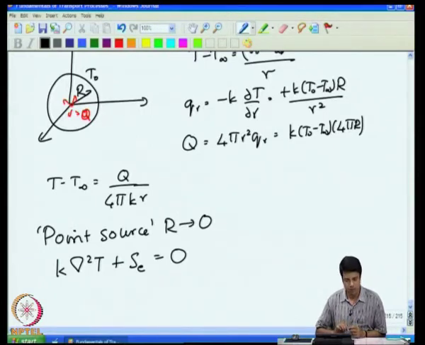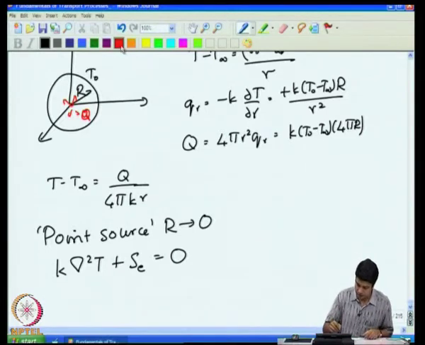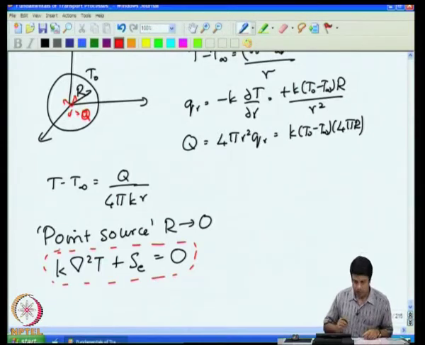In contrast, S is the amount of heat coming out per unit volume. How do we define this source term for the energy conduction equation in such a way that we can solve this equation in order to get the solution for the temperature field?